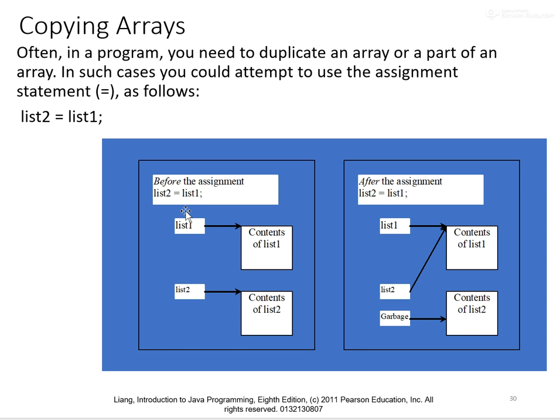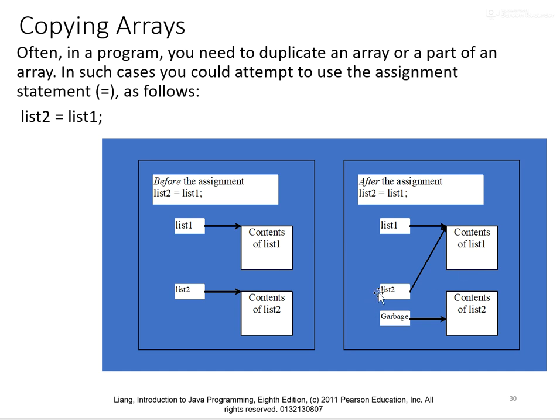Instead, what will happen is this. Let's say before, you have list1, one array, and you have list2 as the second array. When your code executes the statement list2 = list1, what will actually happen is this. The list2 reference, instead of pointing to the second array over here, will start pointing to the same location in memory that contains the contents of list1.